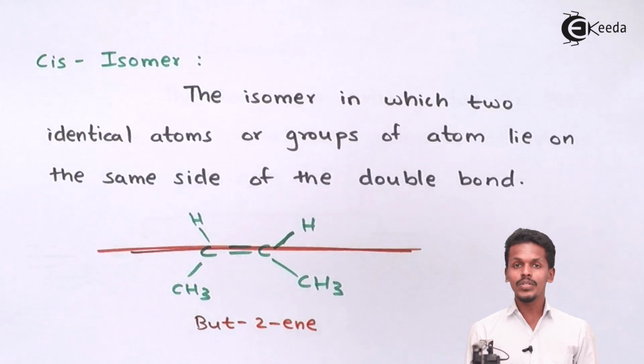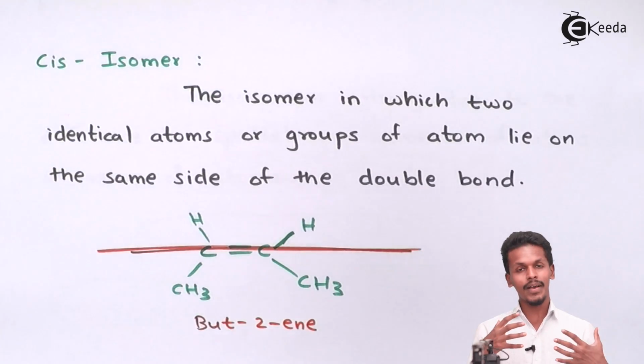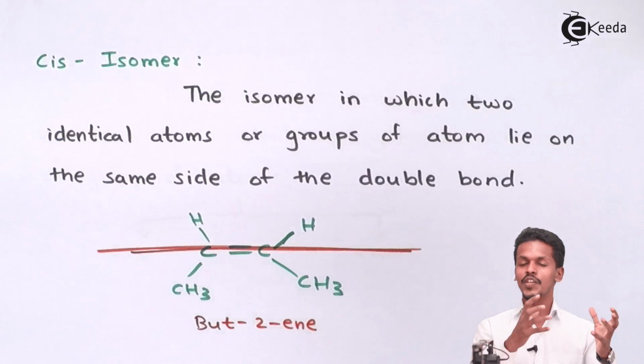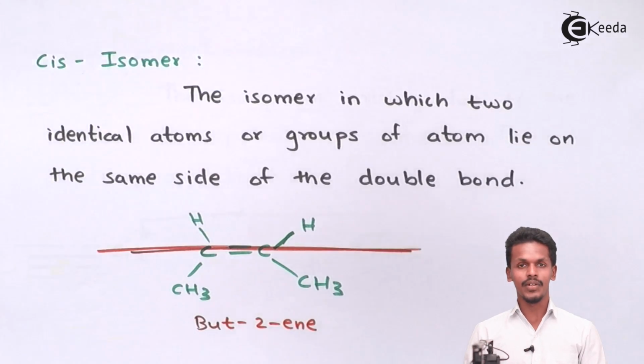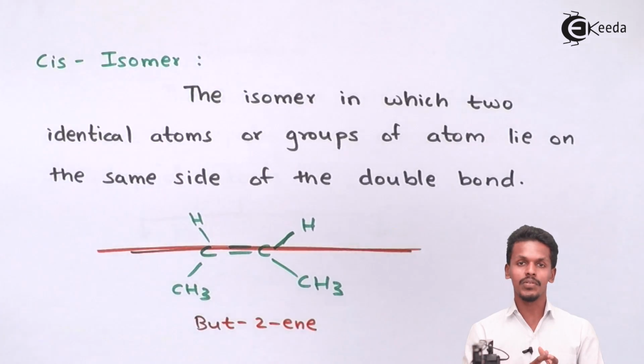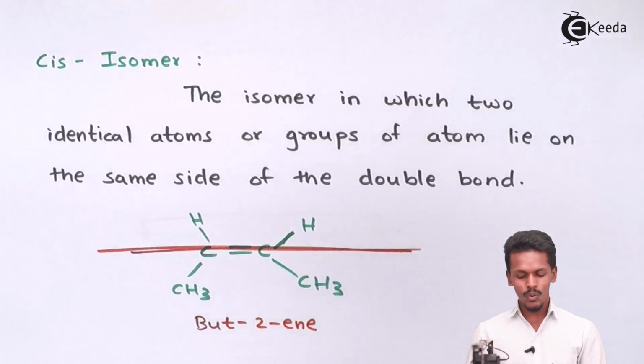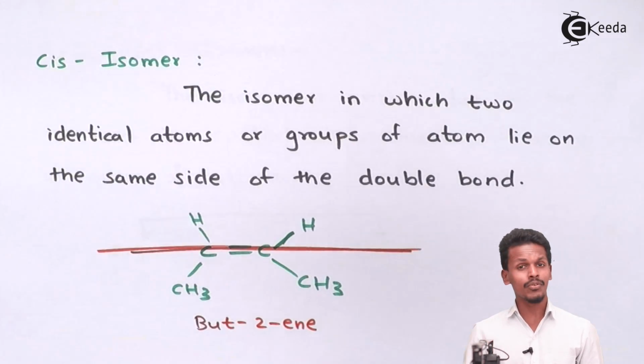But when it comes to the geometrical isomer, when we arrange those atoms in a spatial arrangement in a 3D arrangement, we get to know that both the CH3 groups are on the same side, that is on the lower side, as we could see on the 2D page.